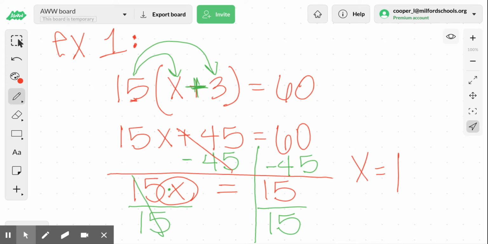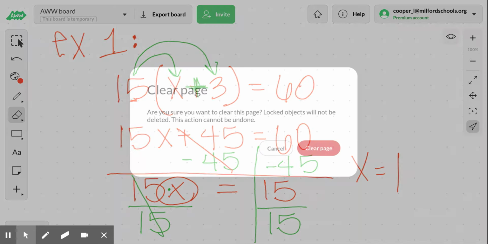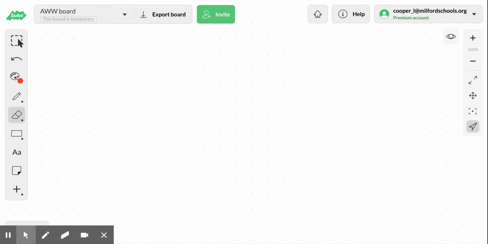The next one I'm going to show you is just with a minus sign there in the middle, and it's the same thing. You just have to pay attention to that. So here's example 2, and then after example 2, I am going to write down some problems for you to do on your own that you can bring into your teacher.